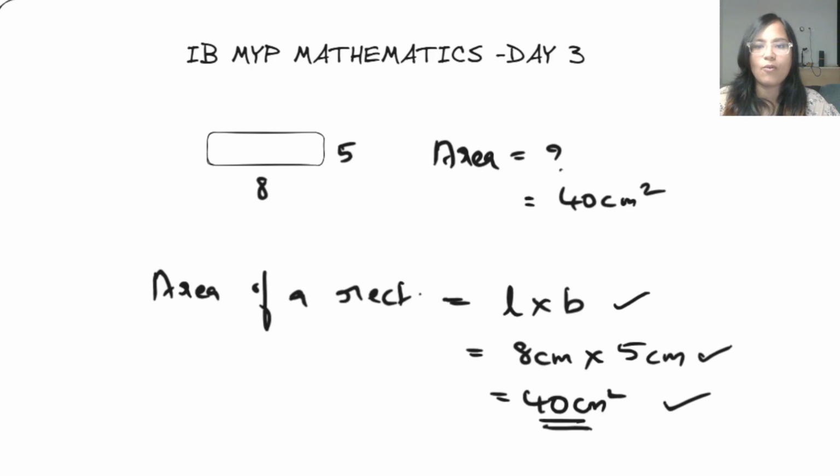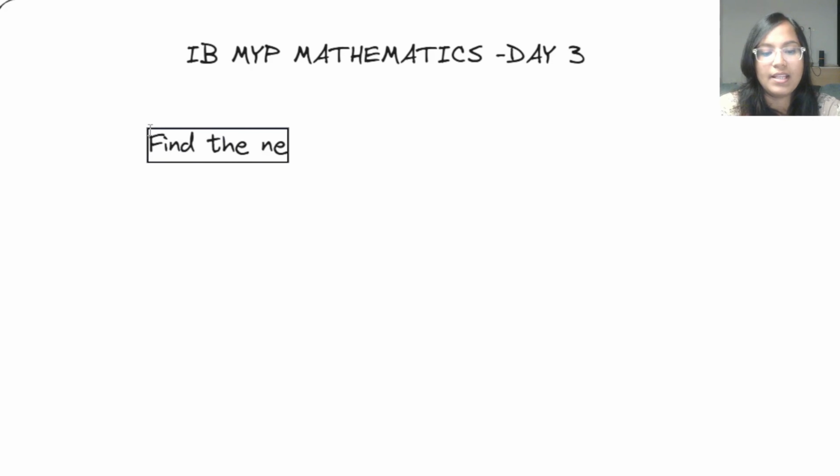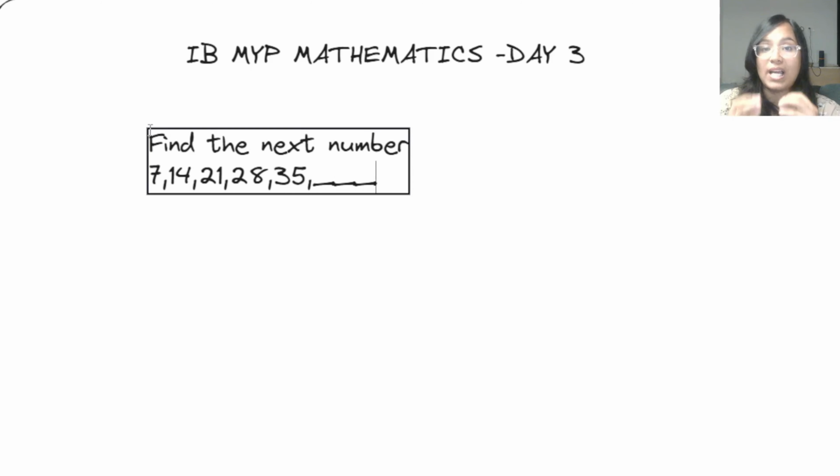So today's homework is: find the next number. 7, 14, 21, 28, 35, dash. Write a complete explanation.